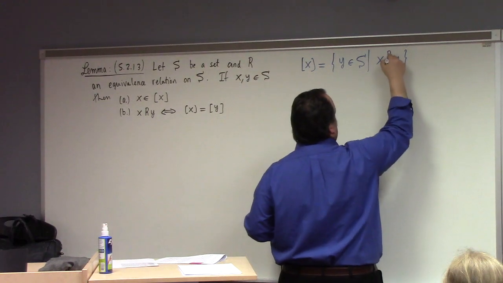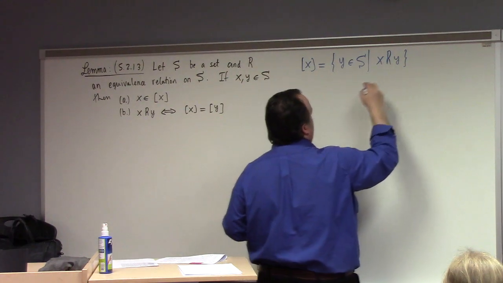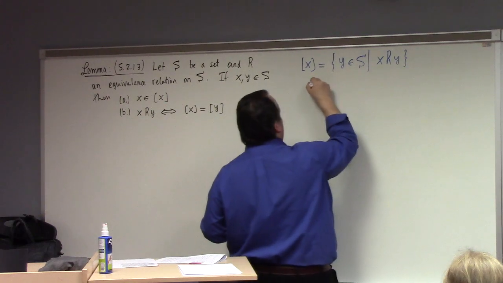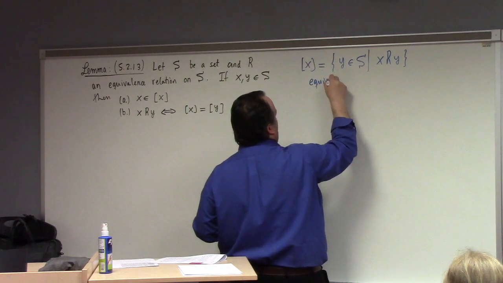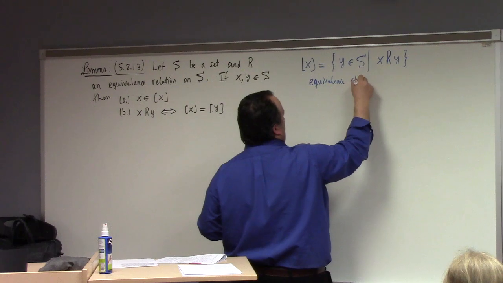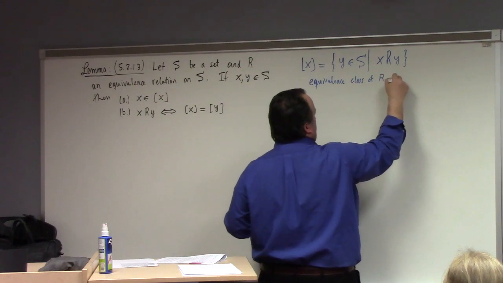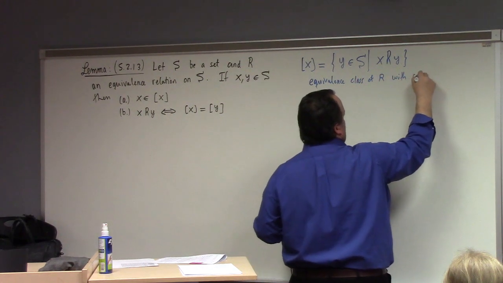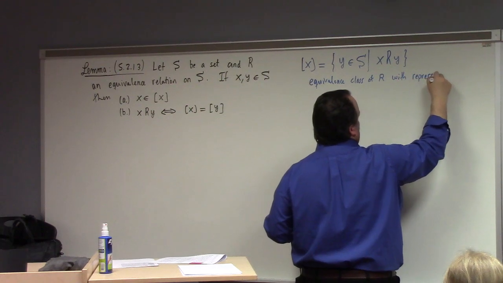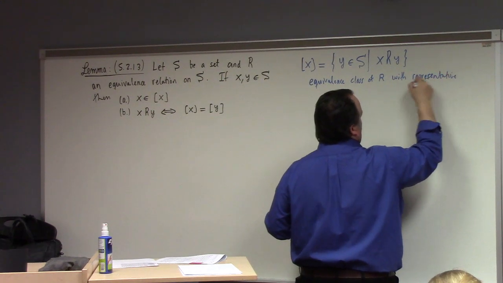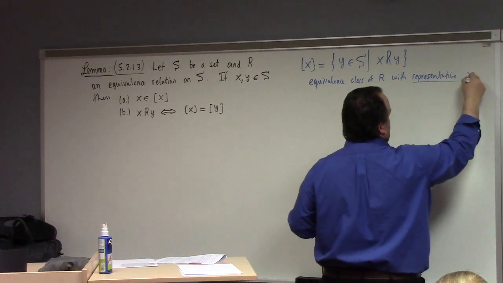Let's make this an R, X related to Y. So this is the equivalence class of R with representative X.